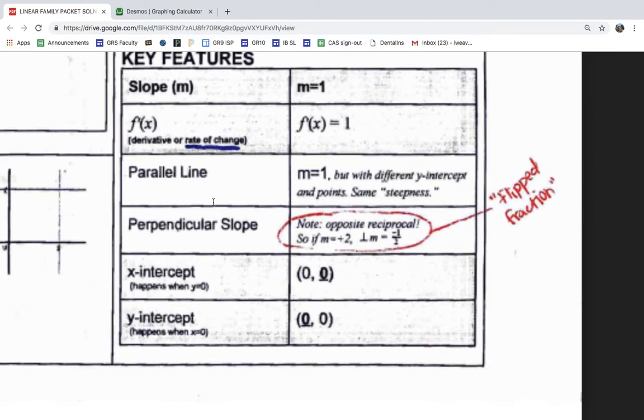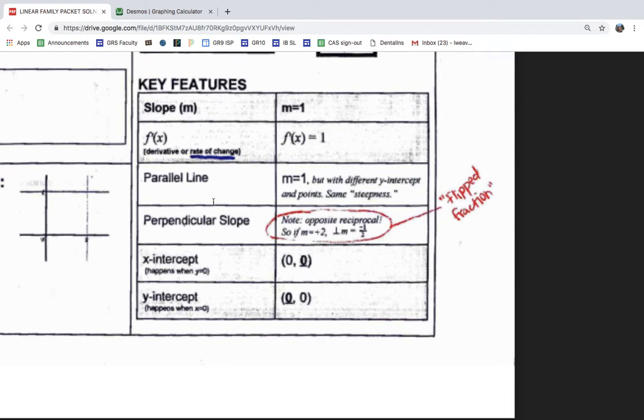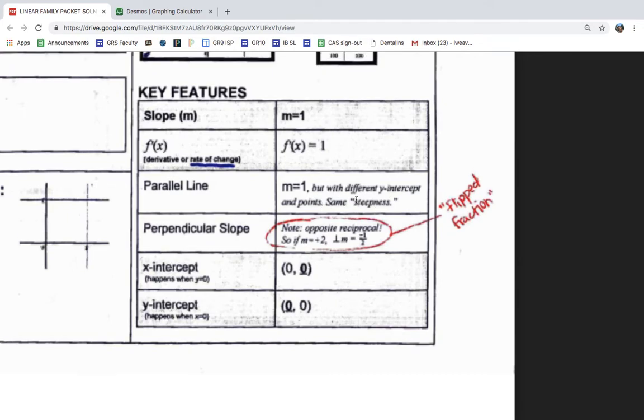The very new thing that we get used to when we're engineering is being able to summarize the key features of the graph. So this would be our summary table for this. Our slope, our rise over our run, would be 1. If we had a parallel line to this, it would have the same slope, m equals 1. It might have a different y-intercept at different points, but it would have the same steepness, the same rise.